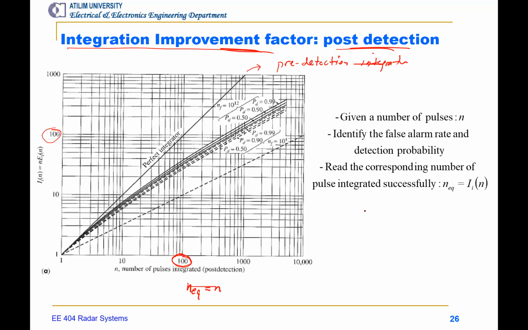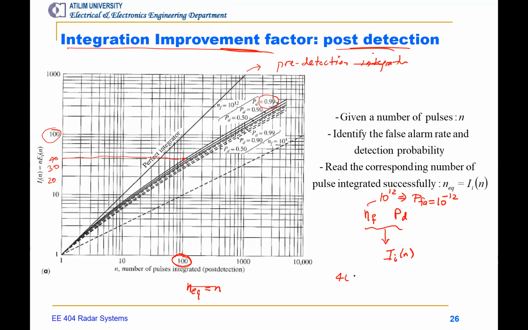Here we give NF, PD, and then we determine the improvement factor. We read from these curves. For example, if we choose PD of 0.99, so 99%, and NF of 10 to the power 12, which says probability of false alarm is 10 to the minus 12, then we see that the number of pulses to be integrated is going to be 40.